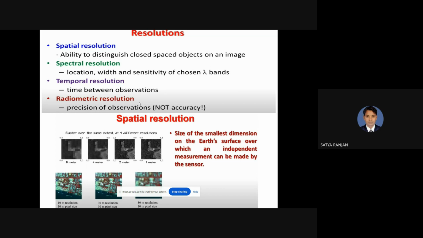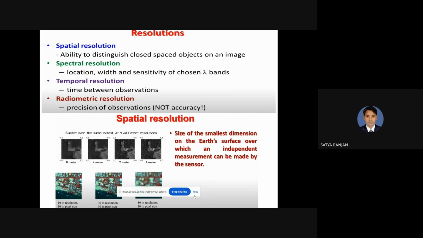Temporal resolution is sometimes not that useful, because it is very useful for flooding information or earthquake data. But for urban mapping or forest classification, we need high spectral resolution and radiometric resolution data.